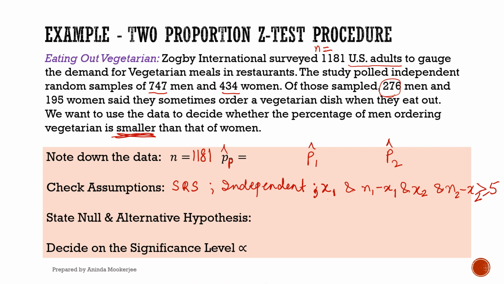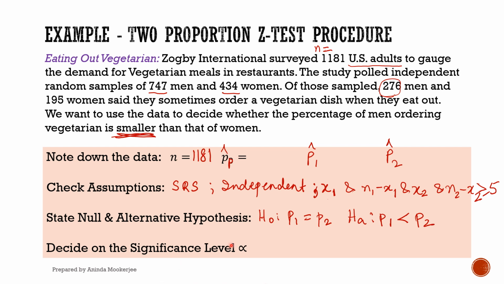Then we state the null and alternative hypotheses. The null hypothesis will state that P sub 1 is equal to P sub 2. The alternate hypothesis will state P sub 1 is less than P sub 2.